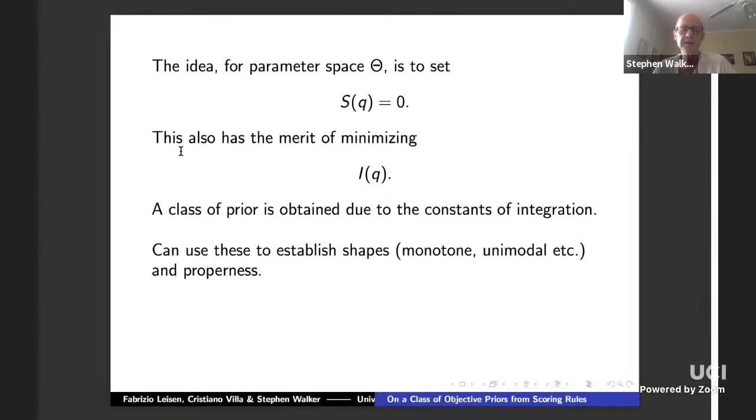So you can set it at 0. That's not a problem. So the first thinking was, well, objective could be just the idea that you're setting the score to be 0 for all the theta, for each theta value. And as we discovered later, that also has the merit of minimizing the information content.